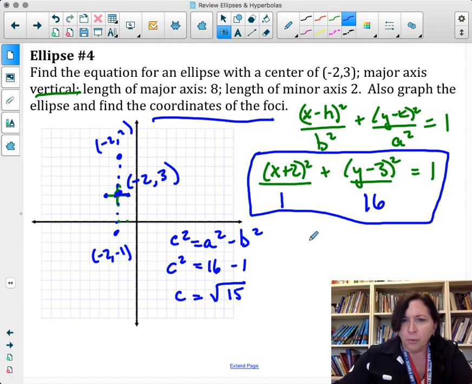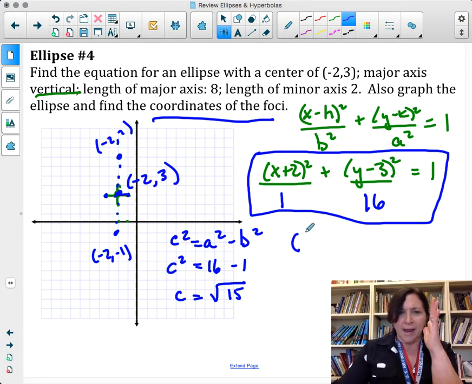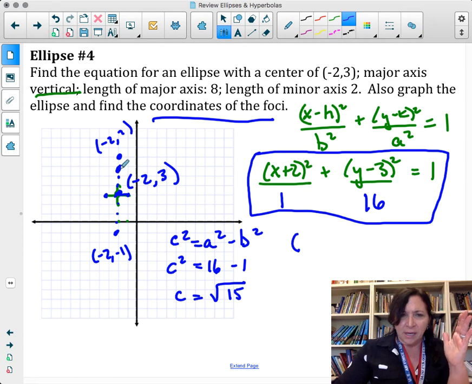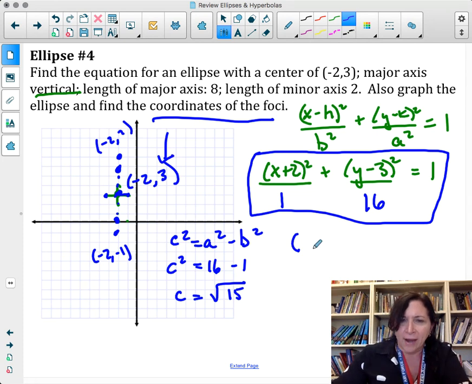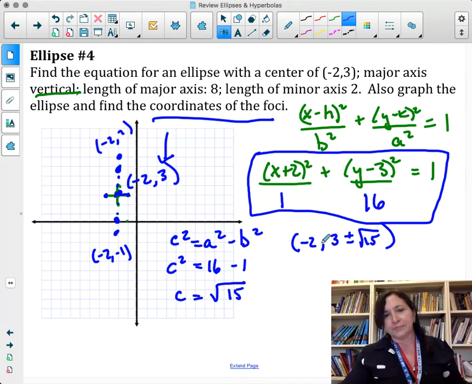Because they're on the y-axis, the foci are going to be around here and here. Being on the y-axis, I'm going to add my foci to my y-coordinate. So it's going to be -2, 3 plus or minus the square root of 15. And so those are my focal points.